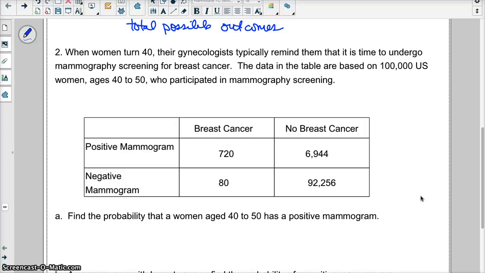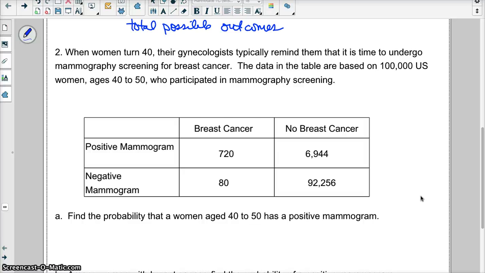Of these 100,000 women, of the ones that did have breast cancer, 720 had a positive mammogram, something showed up. 80 had a negative, meaning nothing showed up. Of the 100,000 who did not have breast cancer at all, 6,944 tested positive. Negative, 92,256, nothing showed up, so it tested negative.